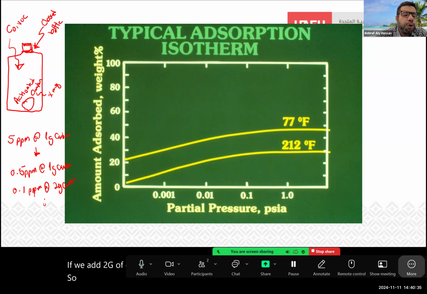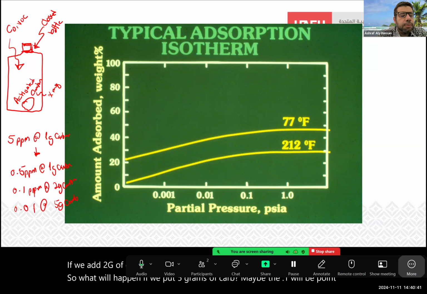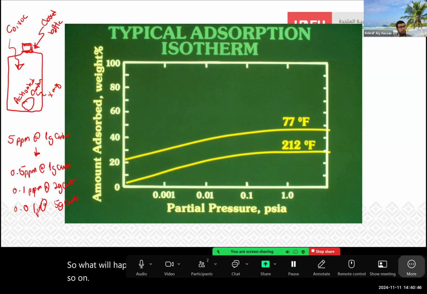What will happen if we put 5 grams of carbon? Maybe the 0.1 will be 0.01 and so on. You can take almost everything from the gas, but it will never be 0. It will be lower than what we can measure.